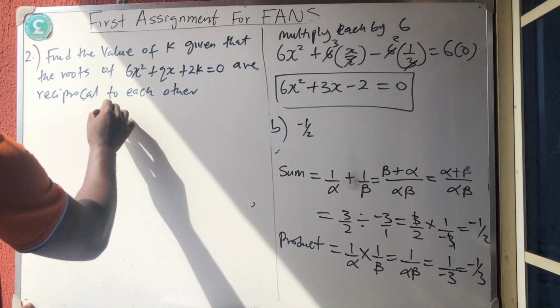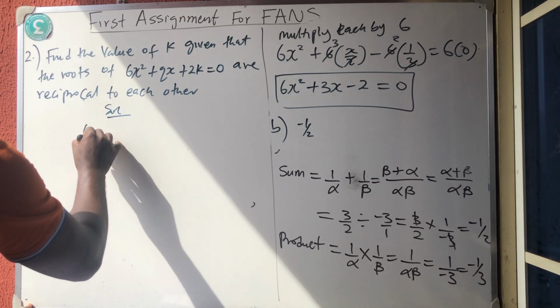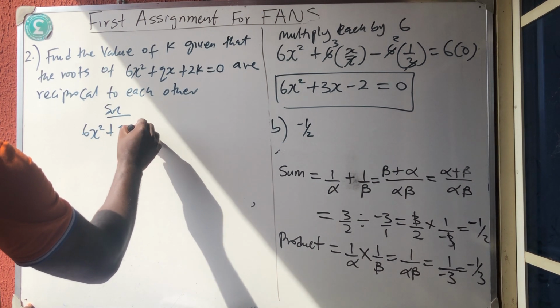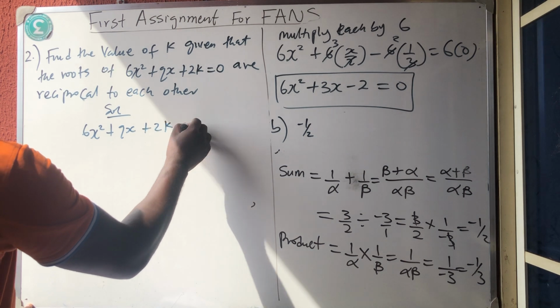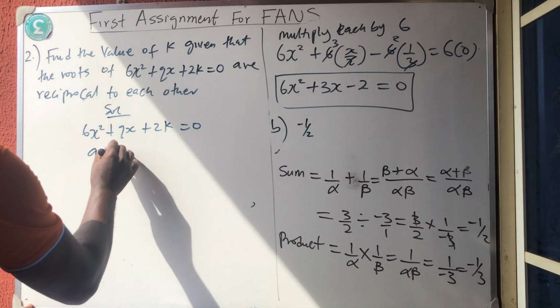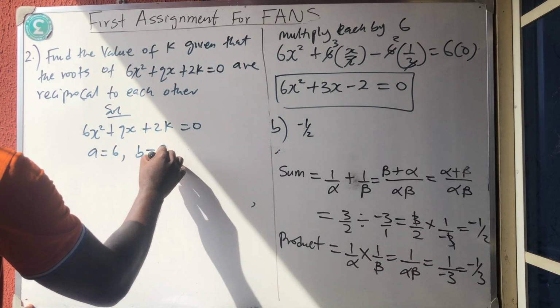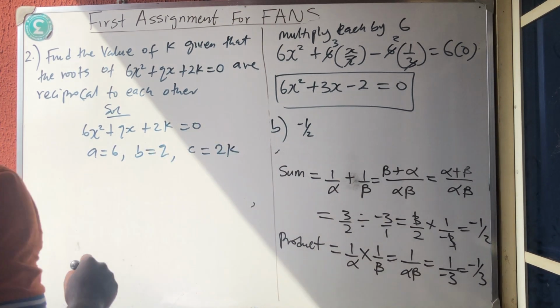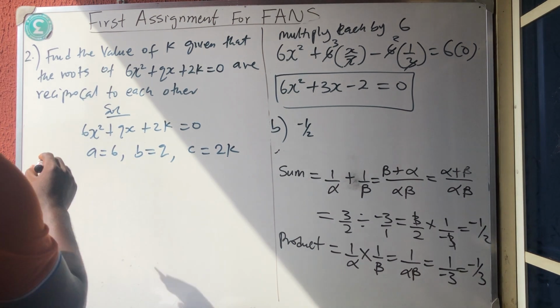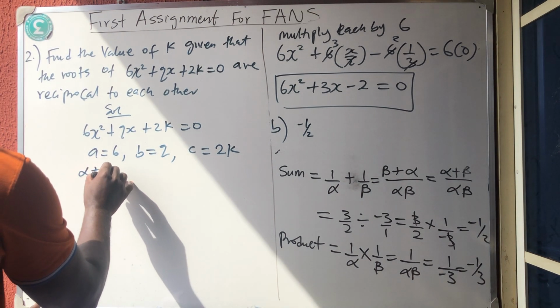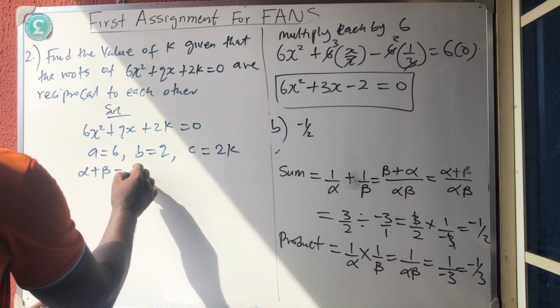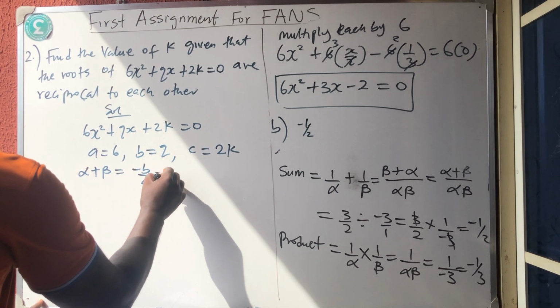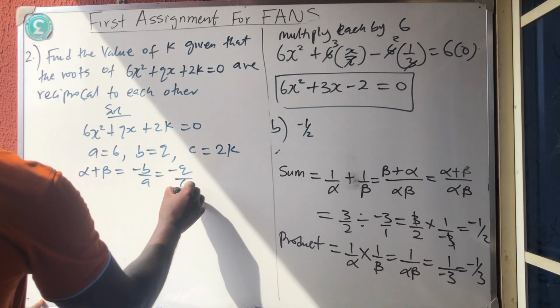If I want to solve it using 2k, we'll see that they gave me 6x squared plus qx plus 2k is equal to 0, which means my a is equal to 6, my b is equal to q, my c is equal to 2k. Now don't forget that the sum of roots alpha plus beta is equal to minus b over a, which is minus q over 6.